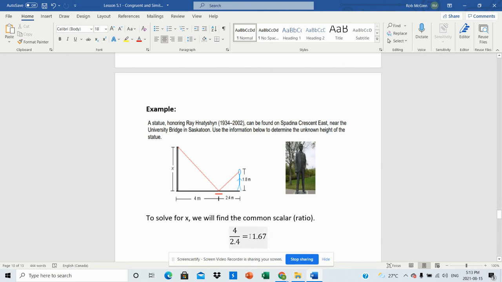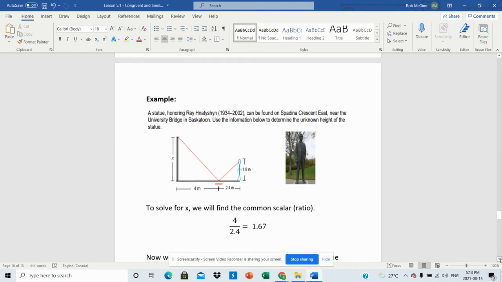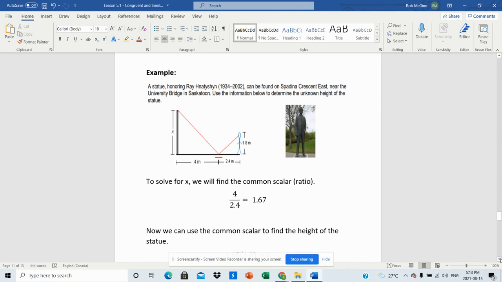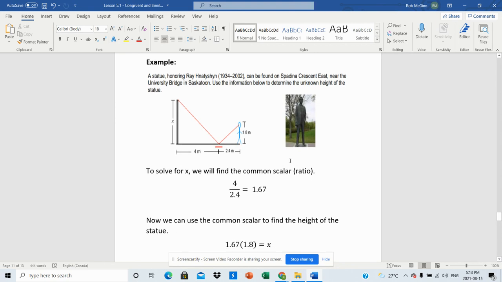So 4 divided by 2.4, if we put that in our calculators, we should get 1.67. If you're using fractions instead, this would be 1 2/3. Now, we're going to use that common scalar to find the height of the statue. We're going to take that scalar and multiply it by the height of my smaller triangle, which is the height of the person, 1.8 meters.